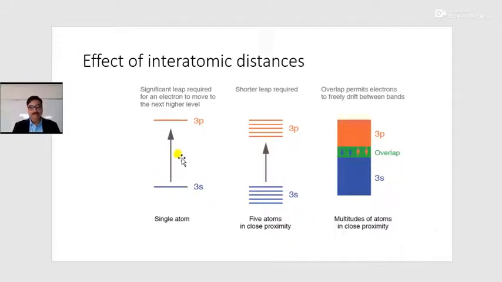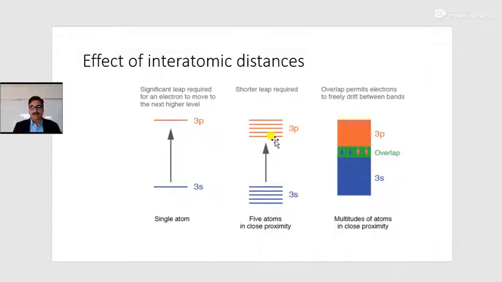For the given single atom, if we consider valence band and conduction band, then it is shown here in figure 1.